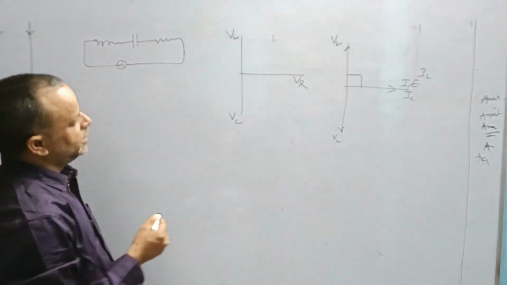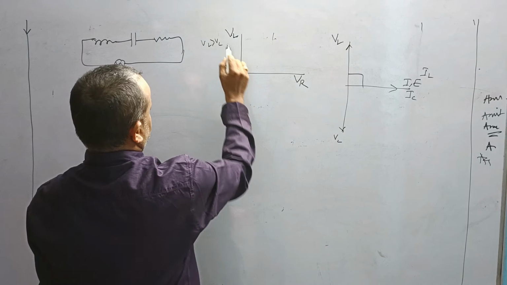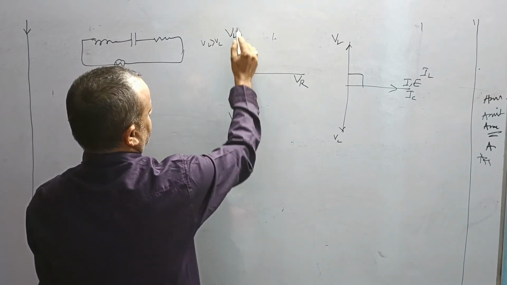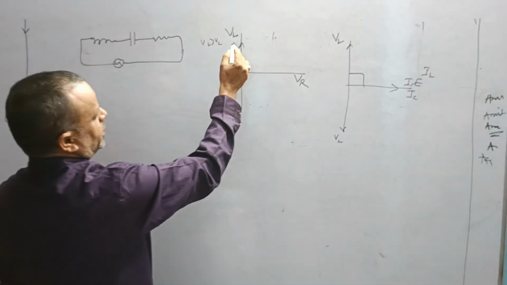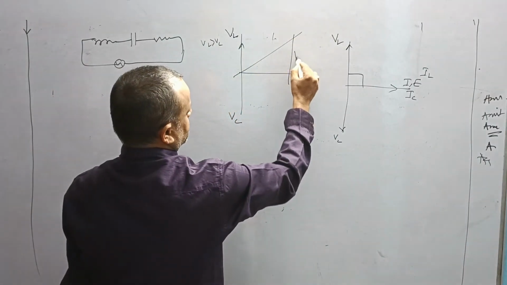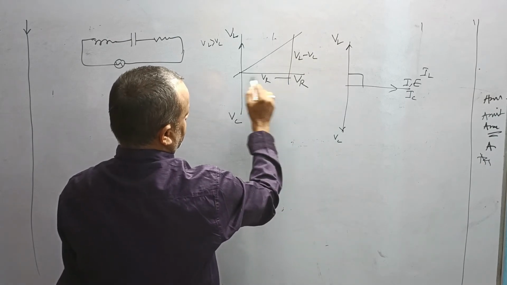Let us suppose VL is greater than VC. See what will happen, the resultant will come to this side, it will be an inductor dominated circuit. This is VL, this is VC, and over here this is VR.